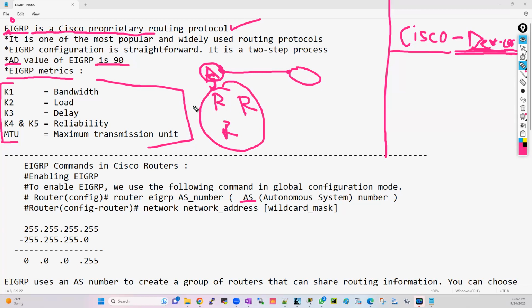It puts them in a group. This is AS 100. What it means is that if a particular router has a different AS number, it will not be able to participate in a particular EIGRP convergence, or it may not be able to form neighborship with the connected router.